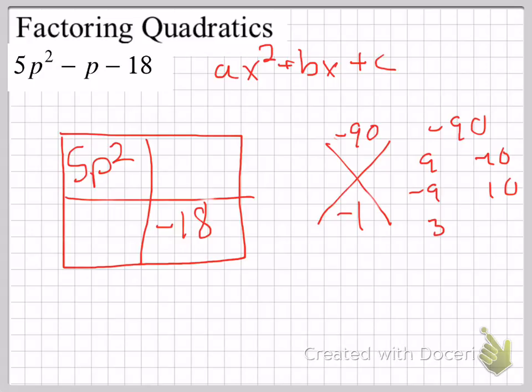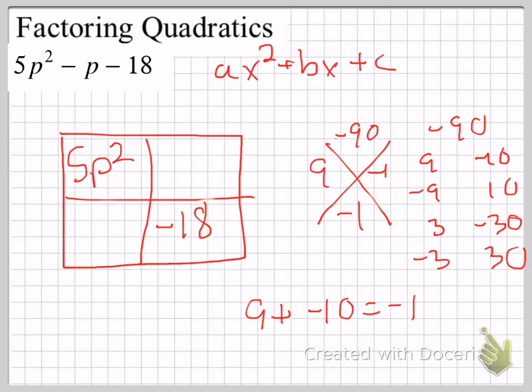There's 3 times negative 30, and then negative 3 times 30. But let's look at what we have. If we add 9 to negative 10, 9 plus a minus 10, we would get minus 1. So that's what we need, 9 and minus 10.